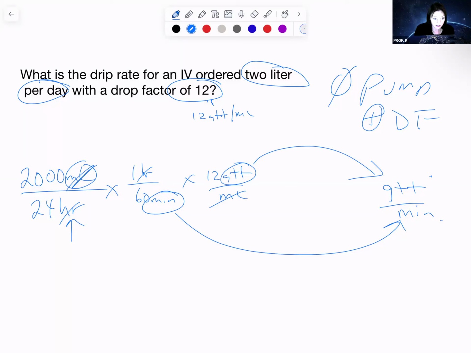So 2,000 times 12 is 24,000. And then 24 times 60 is 1440. When I divide it into each other, it'll give me 16.6. I can't split a drop. A number over 10, I'm going to round up anyway. So the answer is 17 drops per minute.